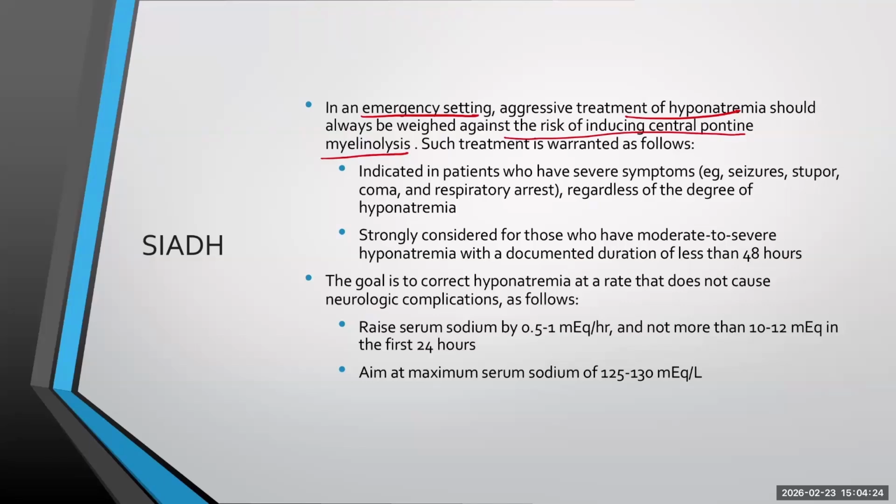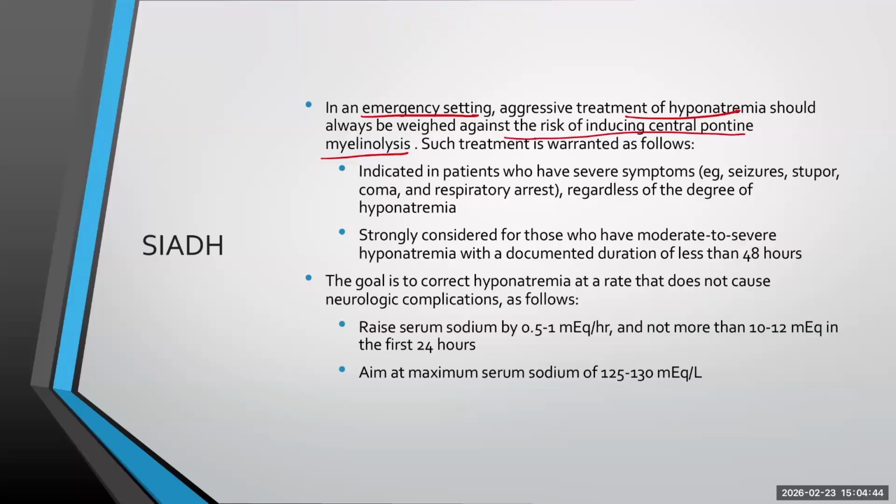Again, swelling of the brain. Anytime you talk about sodium, we even talked about it a little bit with the glucose replacement. Be careful with lowering glucose too fast. You cause cerebral edema. All these osmotic shifts are going to cause water to go different directions and cause swelling.